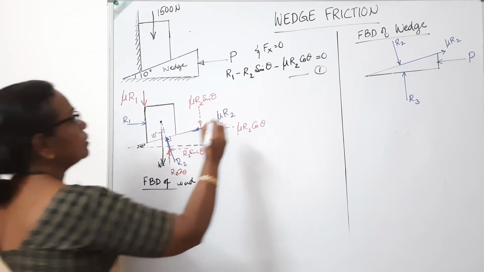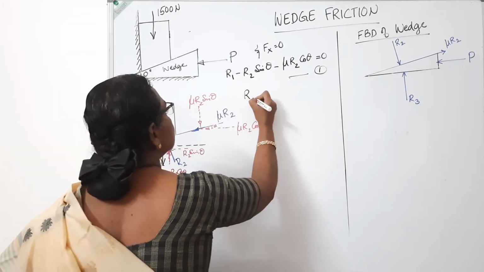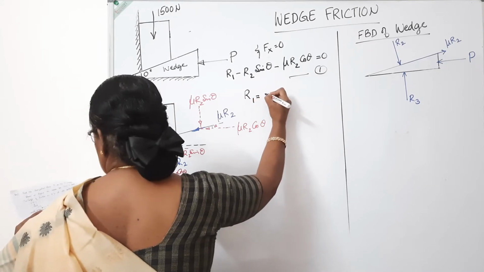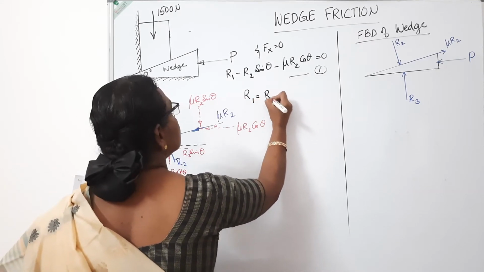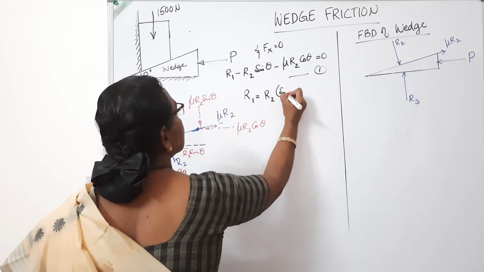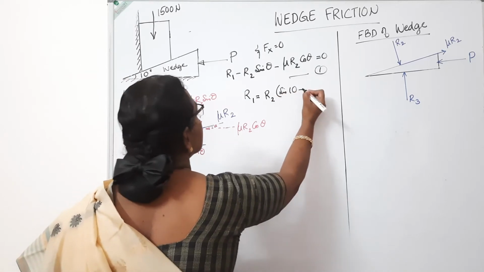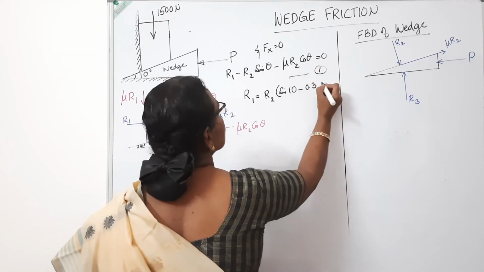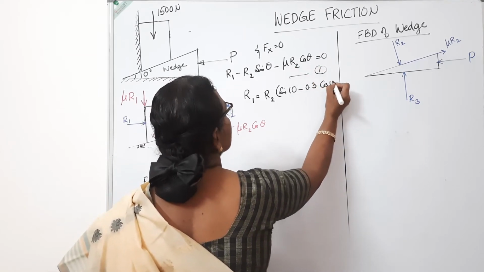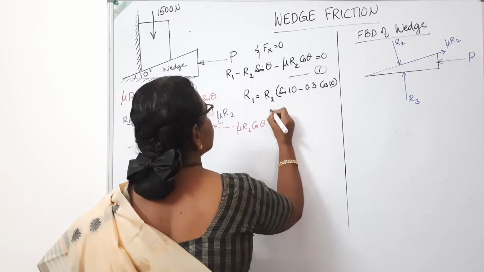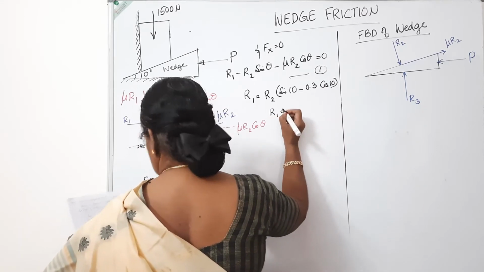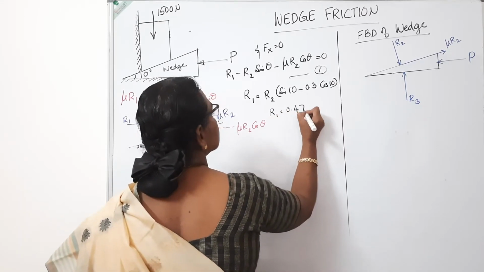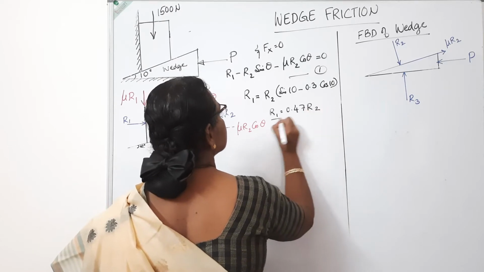From this we will get R1 is equal to R2 sin 10 minus mu, which is 0.3, into cos 10. So we will get R1 is equal to 0.47 R2.